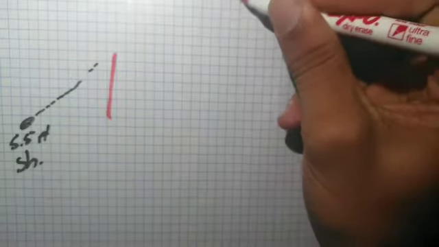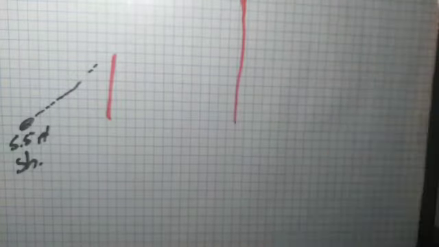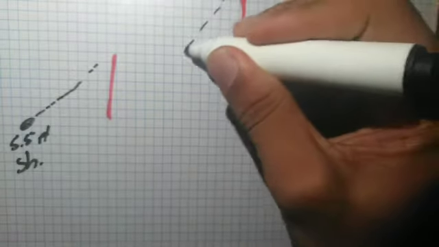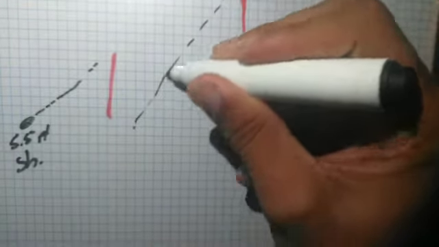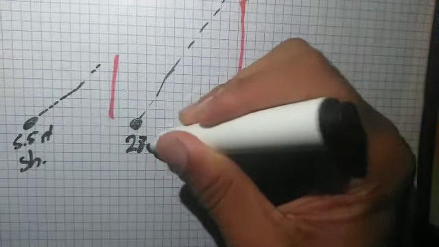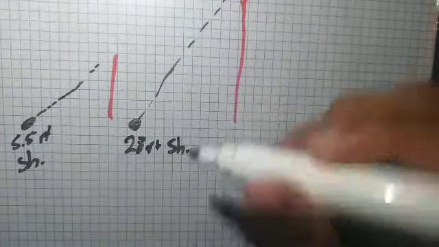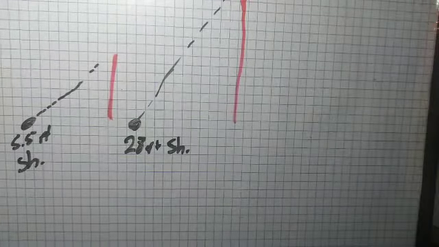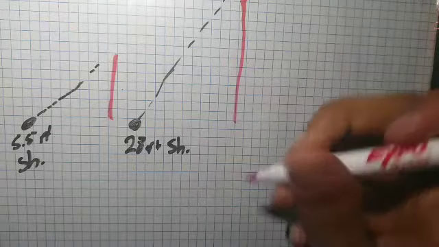And then there's a tree that makes a 28-foot shadow. What we are trying to figure out is how tall this tree is.